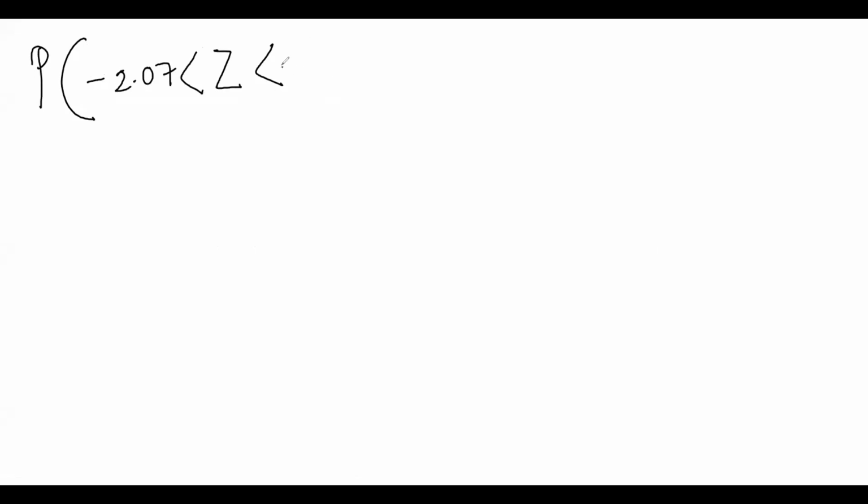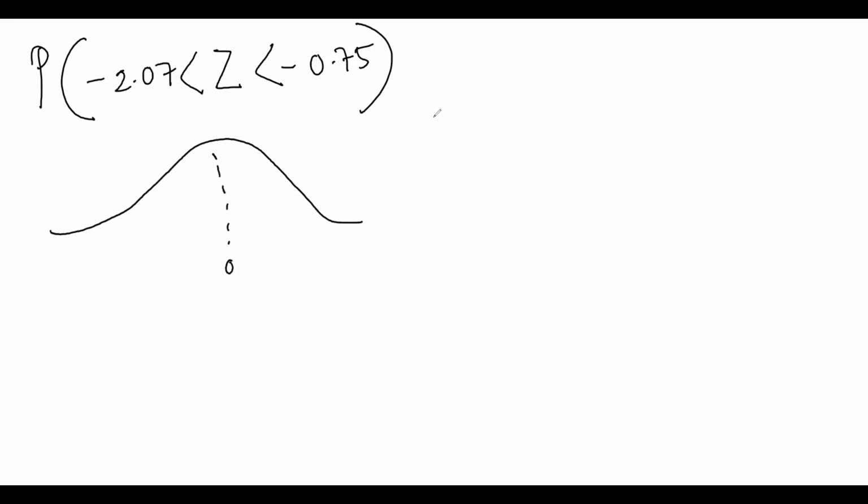Whenever you get something like this, you have to draw a standard normal curve and sketch it. Then mark negative 2.07 and negative 0.75, between these two.